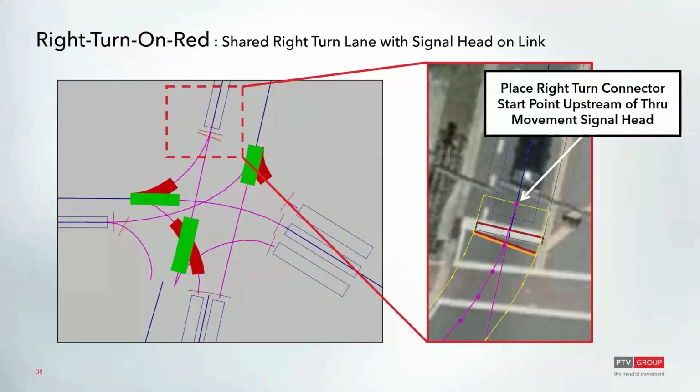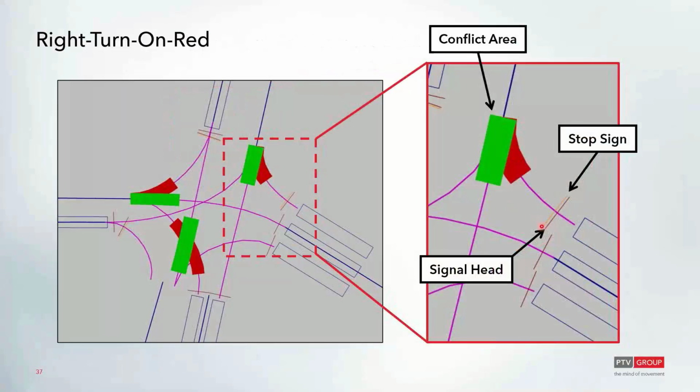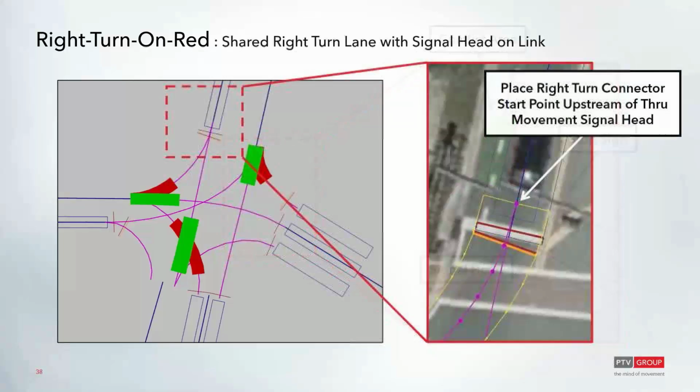Okay, so here is a slightly different configuration for right turn on red that I just wanted to bring up. So in a lot of the examples we've looked at so far, the signal heads have been placed on the connectors. So you can see here we've got the signal heads themselves placed on the connector rather than on the link.